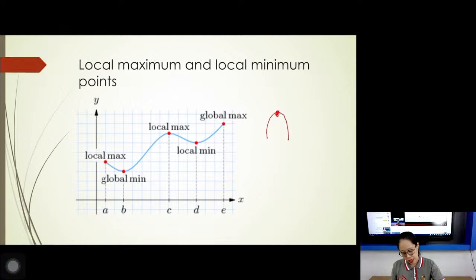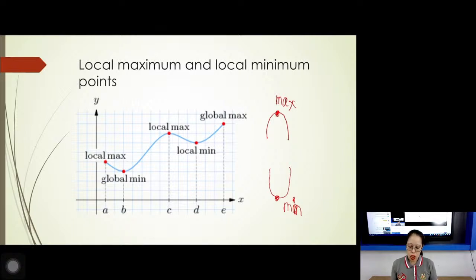We're going to consider it as a maximum point if it is on the top of the concave part of your function, yes? But if it is convex, like this, then this will be our minimum point, right? So that is the difference between our max and min.